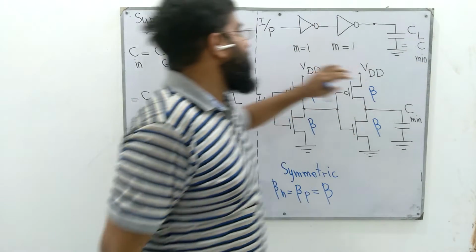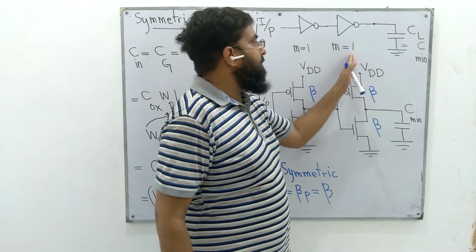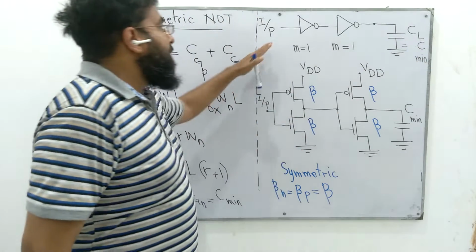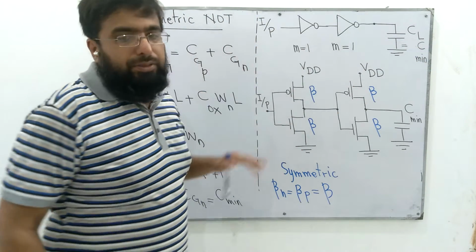This is the minimum capacitance that this final gate is driving, and it is the same as the input capacitance of the first gate.